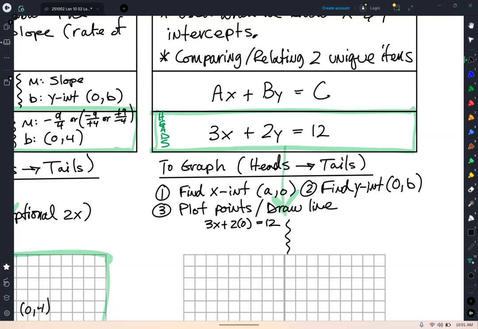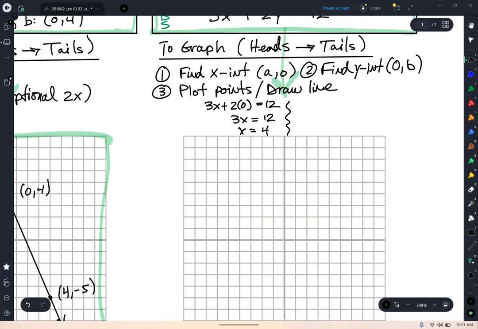Then 2 times 0 is 0, so I get 3x is equal to 12. I divide by 3 and get x is equal to 4. That is the x value of my x-intercept, so my x-intercept is at 4, 0. I can put that on my graph: 1, 2, 3, 4, 0.